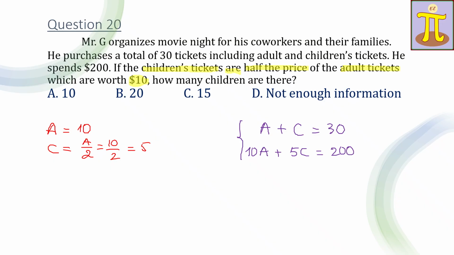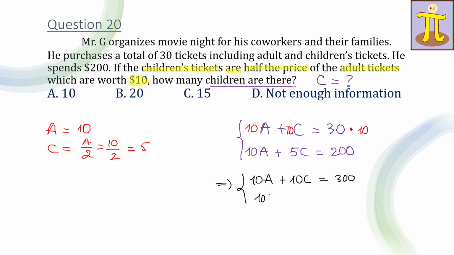Now they ask how many children are there. So they're asking for the variable C. I want to eliminate the variable A, so I multiply both sides of equation 1 by 10. Now my equation becomes 10A plus 10C equals 300.